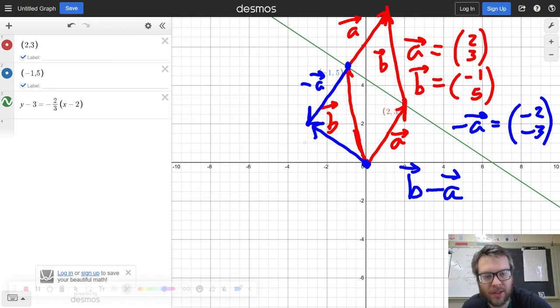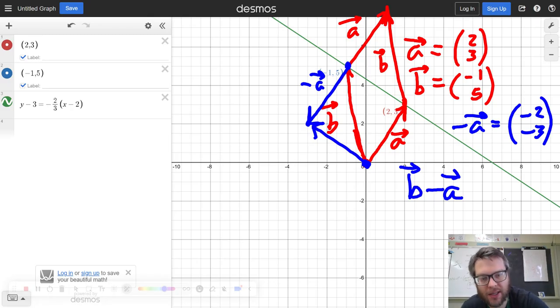Okay, so let's just go over that one more time because I confused myself for a second. Doing negative vector a is just taking the x and y components and making them both the opposite, multiplying by negative 1. If you do vector b minus vector a, I'm just doing it like a vector addition, where I'm taking negative a and sticking it on the end of vector b.